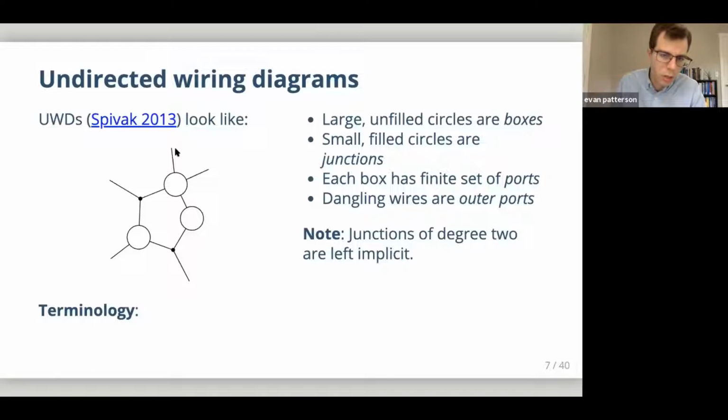Moreover, there is also a set of outer ports, which would traditionally be drawn by an encompassing outer circle, but due to limitations of our graphics technology, we'll just draw these as dangling wires. Another thing to note is that ports are always connected to junctions, but when junctions have degree 2, we typically just omit them in the picture. So you can see that in some of those wires, but that is purely a drawing convention.